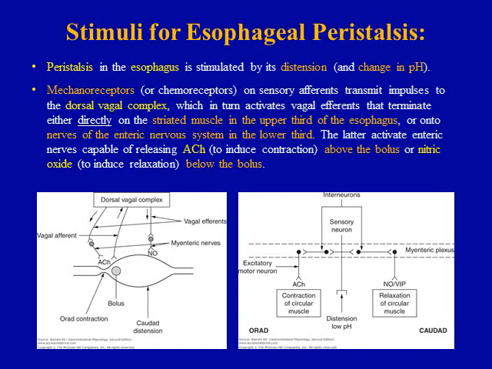Vagal fibers innervating the enteric neurons will stimulate enteric neurons that release acetylcholine proximal to the food bolus or nitric oxide distal to the food bolus.